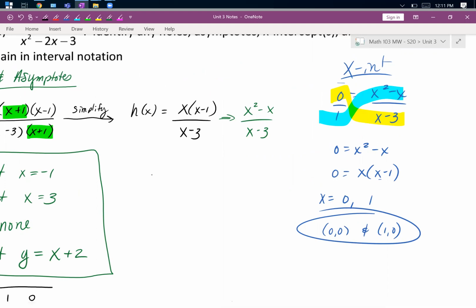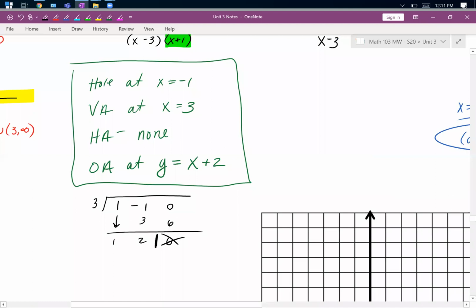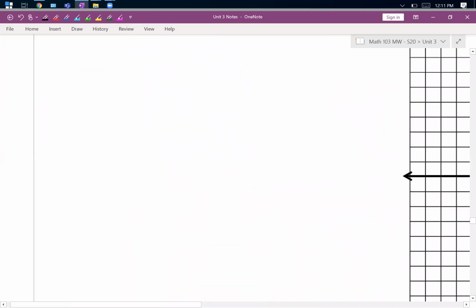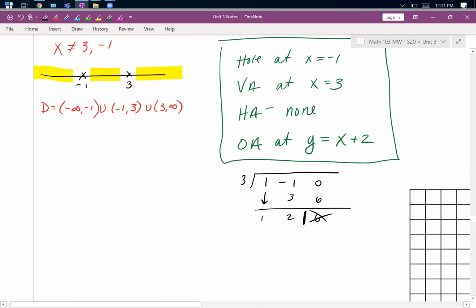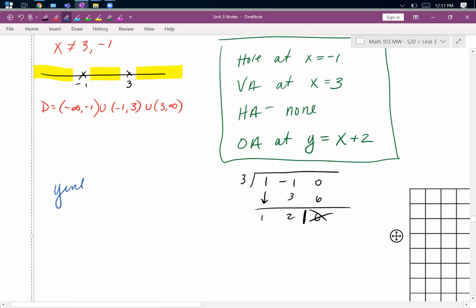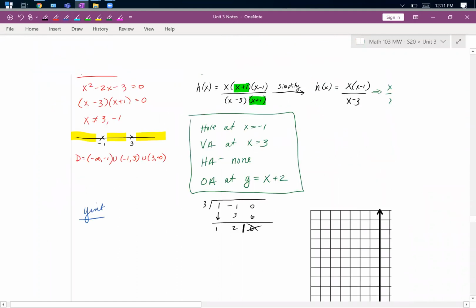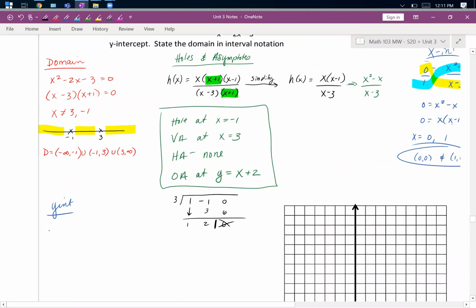Lastly, we want our y-intercept. All right, I'll put it down here. Again, using the simplified version, we're going to let x be equal to 0 and solve for y. And I prefer the multiplied out version, but you can use either.